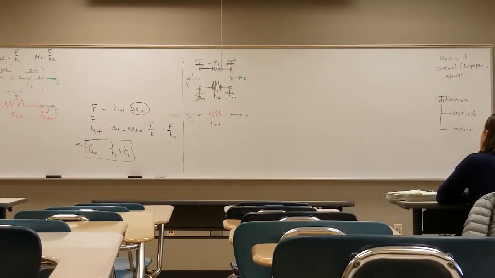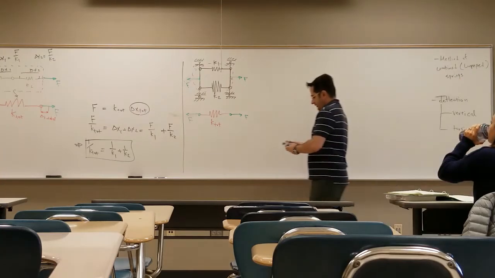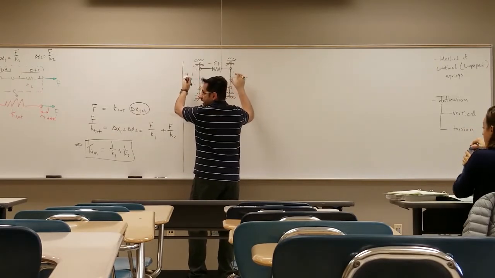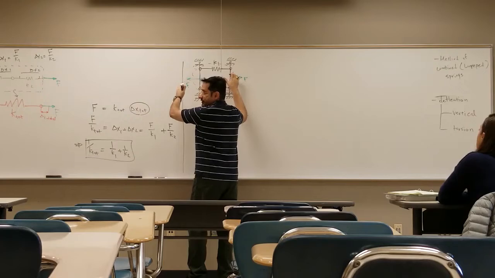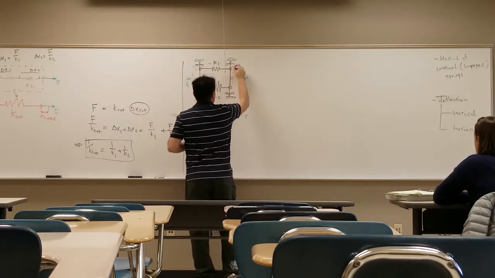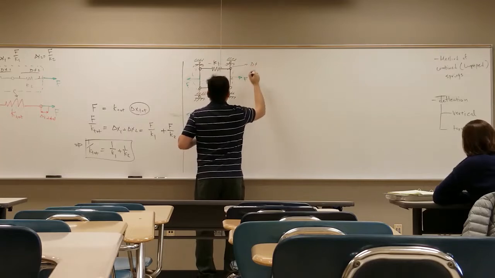So let's write it this way. If you have a force, you know that both of them have the same amount of deflection, right? So what would be the delta x for this?